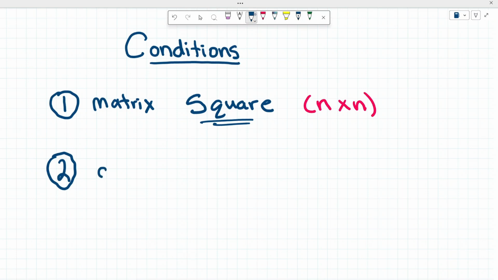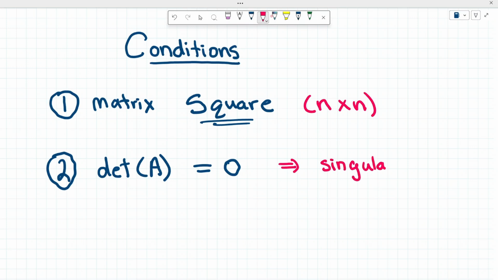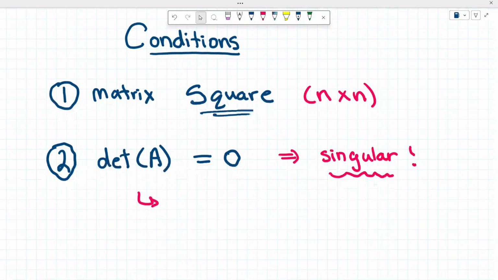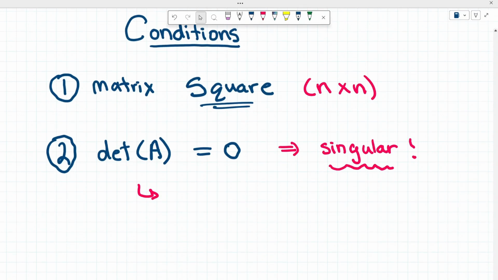Let's consider, again, some matrix A. We're taking the determinant of A. If our determinant equals 0, what that tells us is that our matrix is singular. And you might be wondering, what does it mean to have a singular matrix? If you have a singular matrix, that means that the matrix does not have an inverse, so it's not invertible.